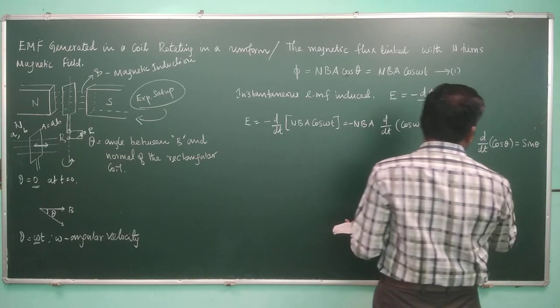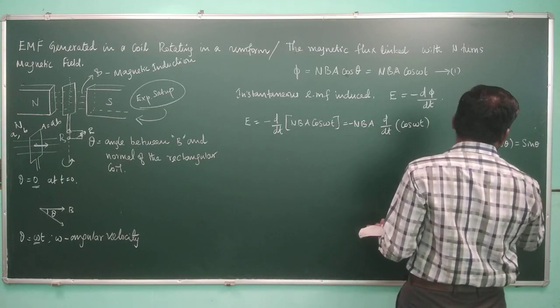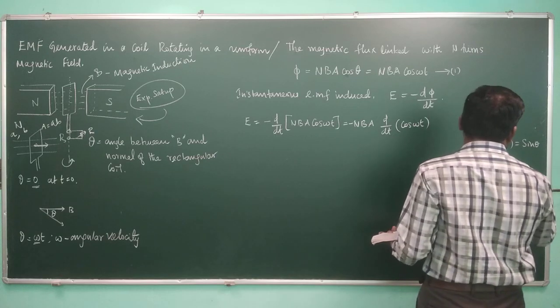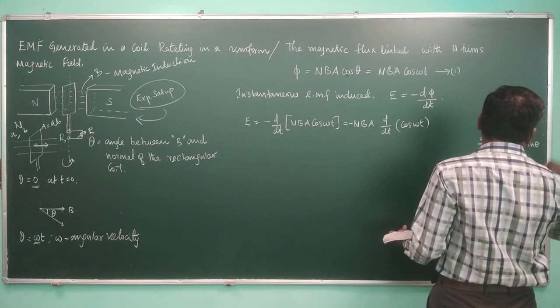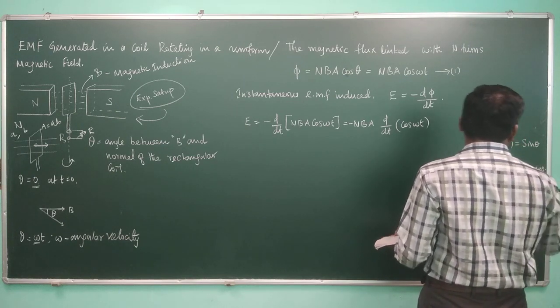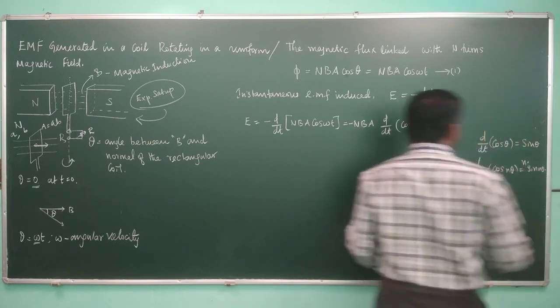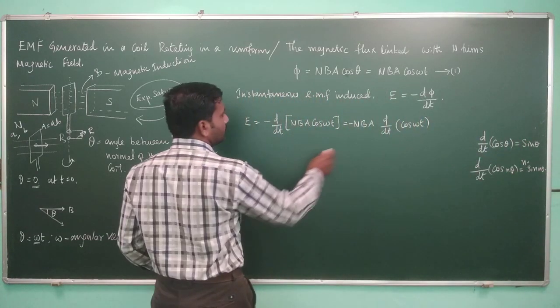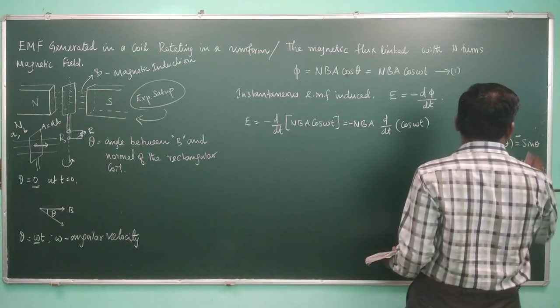At the same time, if you write d by dt of cos n theta, then you can write minus sin n theta into d of n theta, that becomes n, so this becomes minus n sin n theta. In that way, cos theta gives minus sin theta.